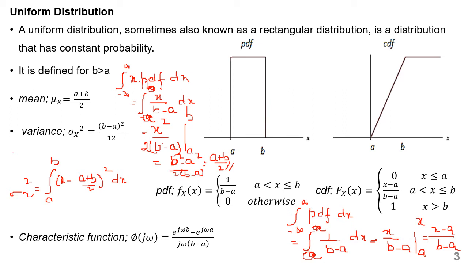When you integrate and simplify this, you get the answer as b minus a whole square by 12.